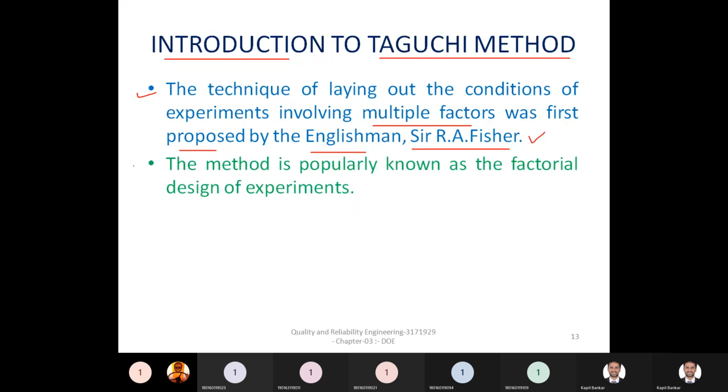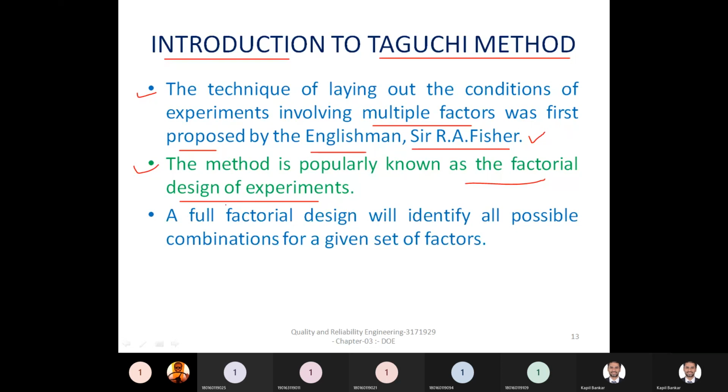The method is popularly known as full factorial or factorial design of experiment, and this full factorial design will identify all possible combinations for a given set of factors.